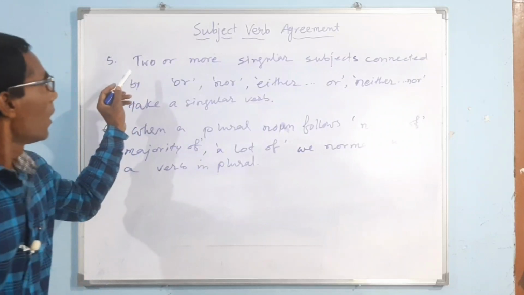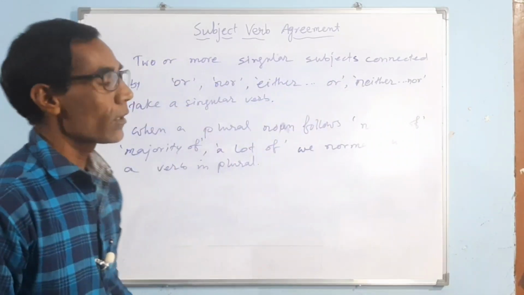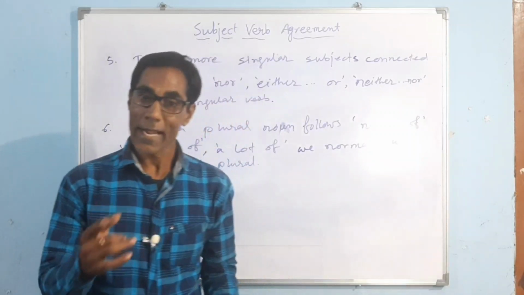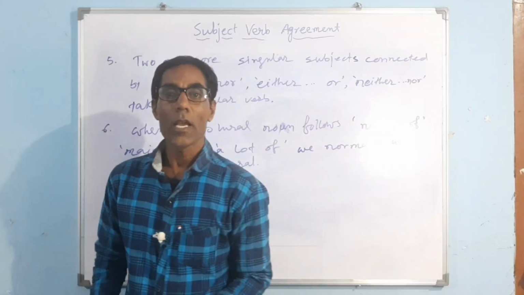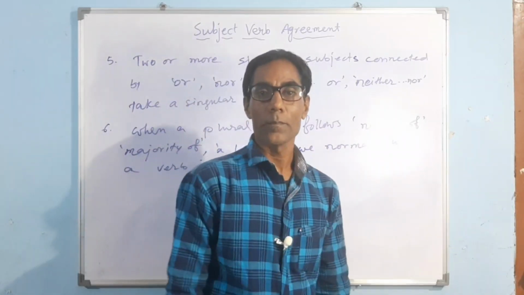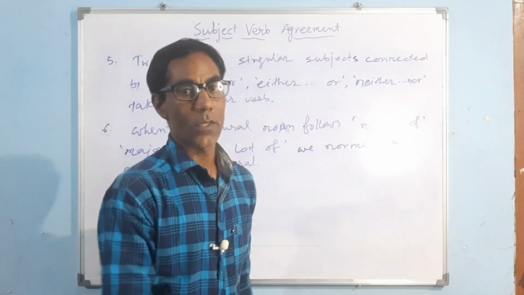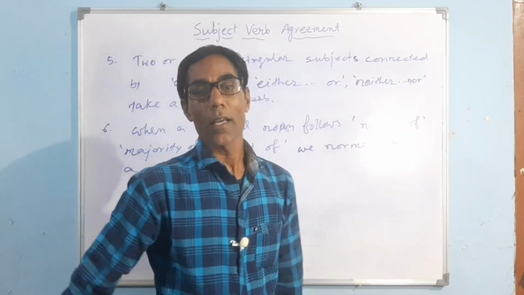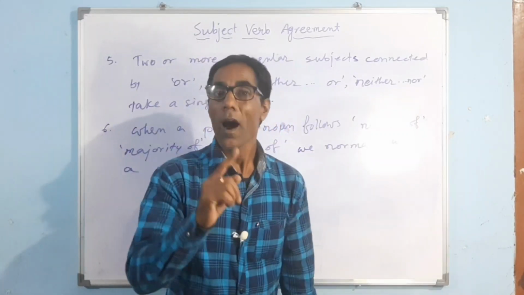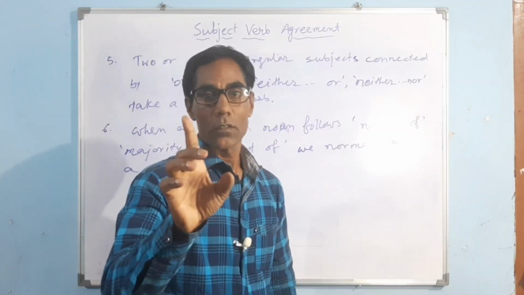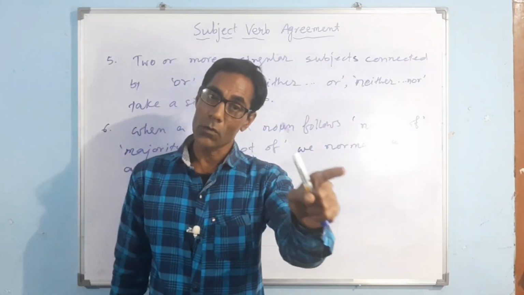Rule number 5: two or more singular subjects connected by or, nor, either or, neither nor. At that time we have to use the verb in singular. When two or more singular subjects are joined by or, nor, either or, neither nor, then you have to use a verb in singular.